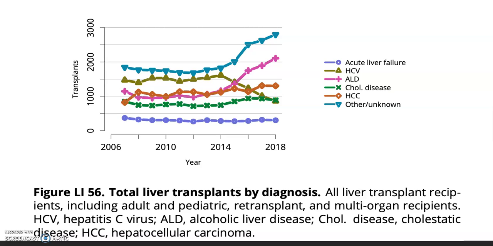This slide echoes the previous slide regarding diagnosis. The number of total liver transplants performed by diagnosis show the same trend as waitlist, and you can see that the number of patients with hepatitis C requiring a liver transplant are going down.